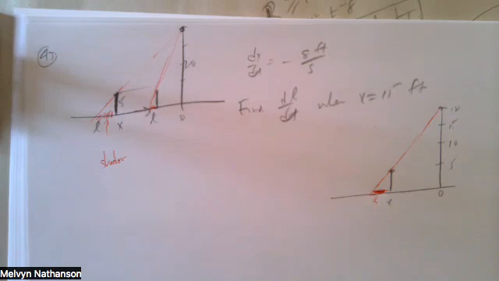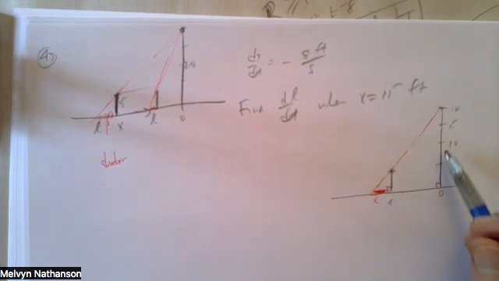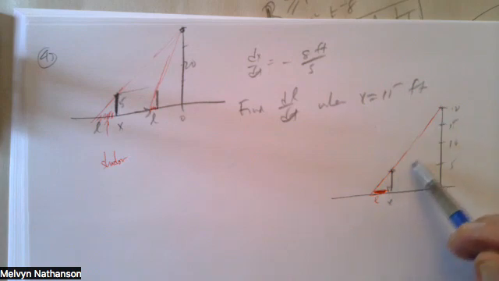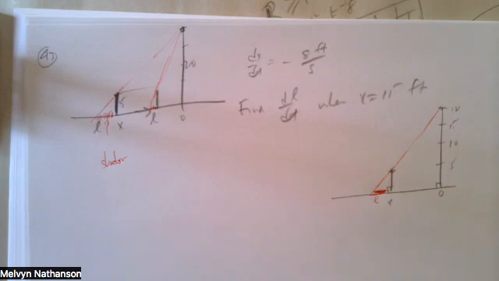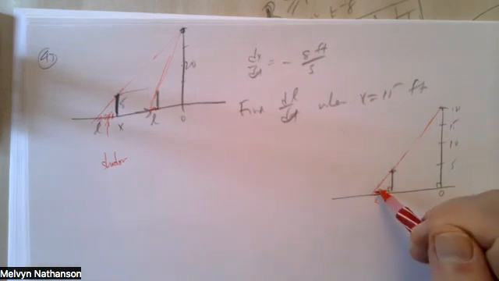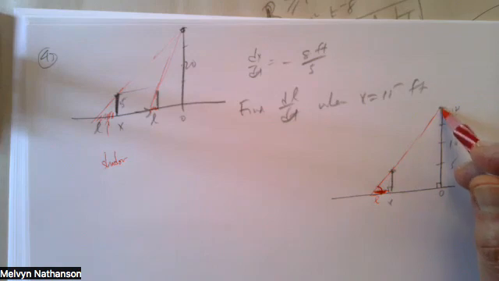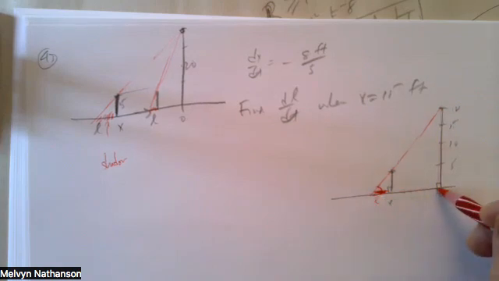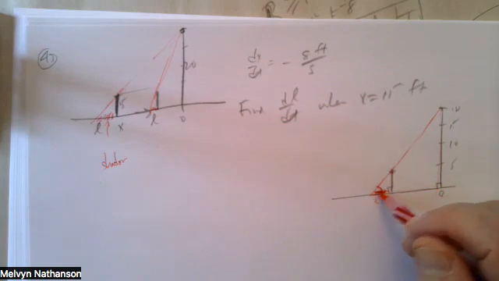So one thing we can say is, this is a right angle, this is a right angle, and this big right triangle and the small right triangle share this acute angle. So these triangles are similar. So the ratio of this to this is the same as the ratio of this to this.